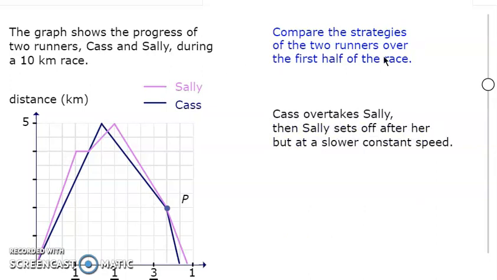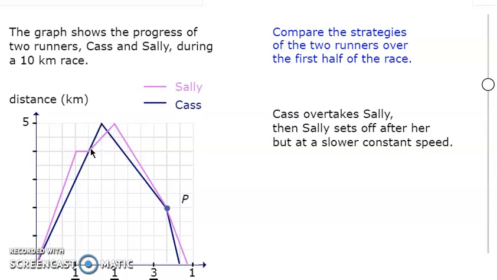Compare the strategy of the two runners over the first half. Cass overtakes Sally, then Sally sets off after her but at a slower constant speed. Now if you take a look, this is Cass's graph, this is Sally's.